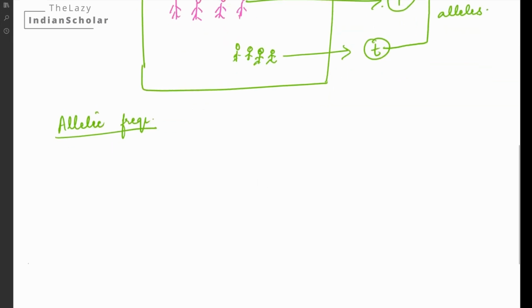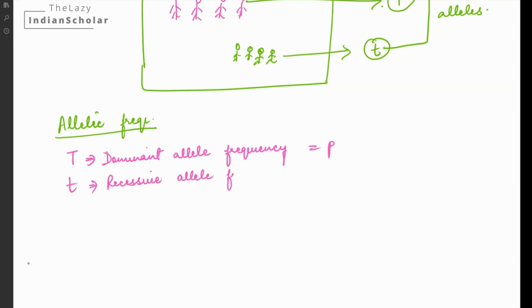So when we look at the mathematical equation for allelic frequency in the Hardy-Weinberg principle, the dominant allele frequency is denoted as small p, and the recessive allele frequency is denoted by small q.